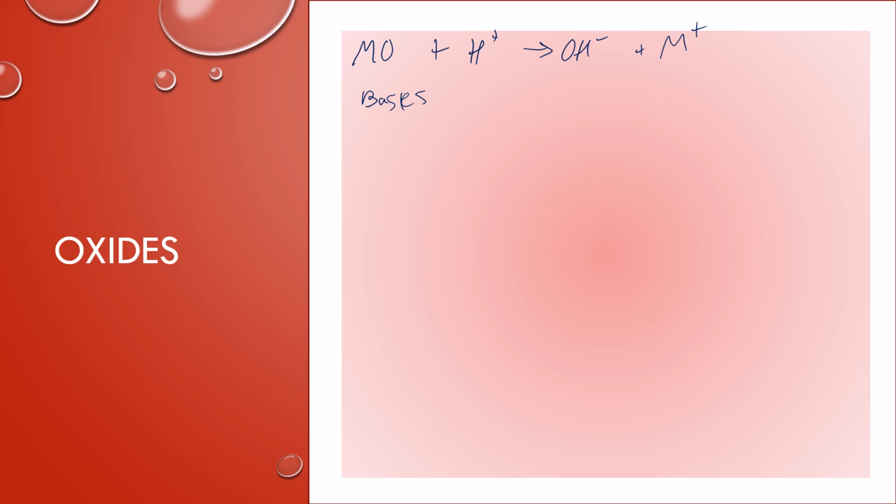Non-metal oxides, on the other hand, so I'm going to use N, non-metal oxides in water, act as acids. So they can form a weak acid, whatever the non-metal happens to be. I'm just using this as an example. The ratios might be different. But whatever your non-metal is, it doesn't have to be nitrogen here, it can react with the water to form a weak acid.